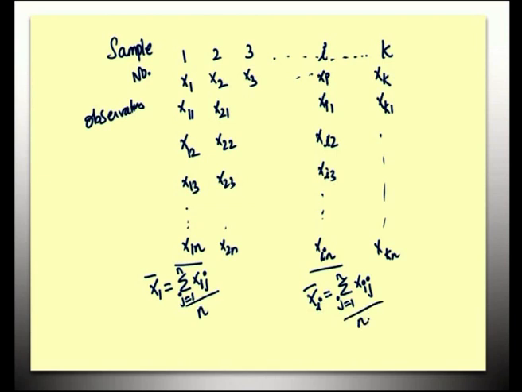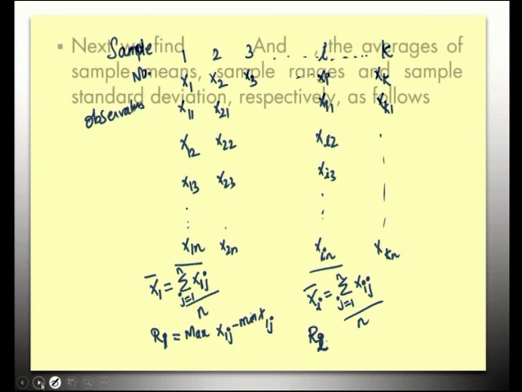Like that we have calculated xi bar, and similarly the range Ri is calculated. R1 is maximum of x1j minus minimum of x1j. Similarly, Ri will be maximum of xij minus minimum of xij. Likewise, the standard deviation is also calculated.